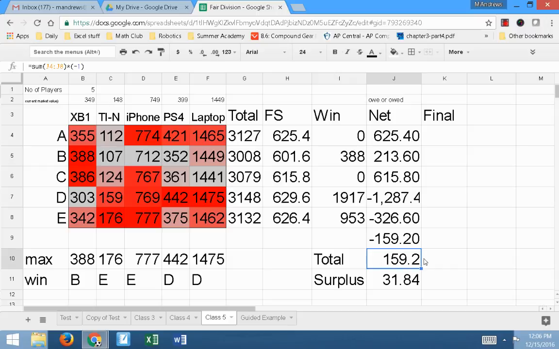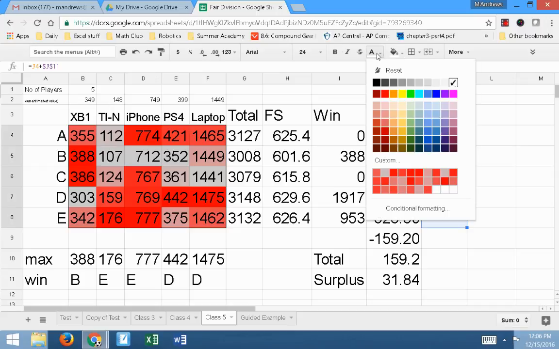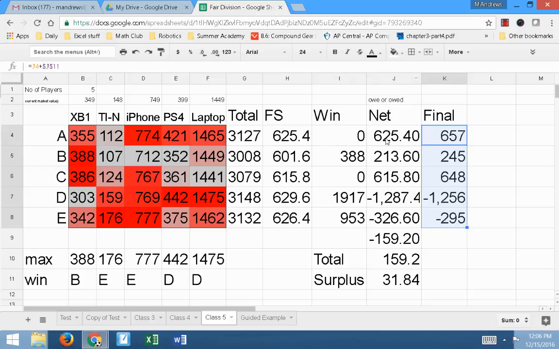They divide it amongst all 5 players. So dividing by 5, you get 31.84. You then add that back into the final, and so instead, player A, instead of getting $625.40, they actually end up with right around $657.